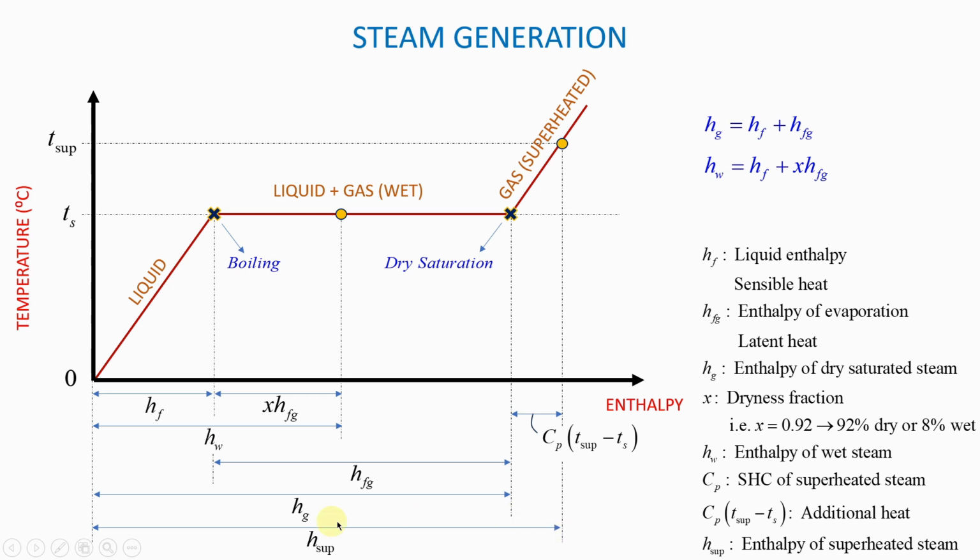And as you can see, if you look carefully at this diagram, you will see that it is actually equal to hg plus Cp multiplied by Tsup minus Ts. And so that is the equation for hsup. It's equal to hg plus Cp multiplied by Tsup minus Ts. Okay, so I hope this made sense.